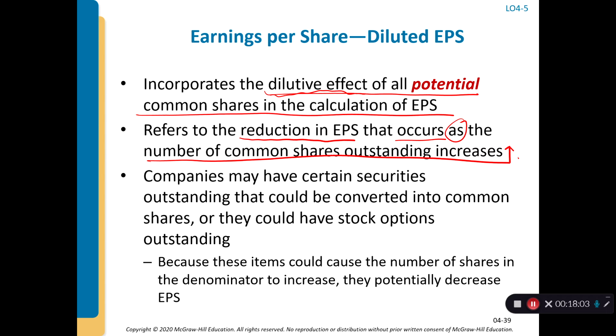The potential reason those numbers would increase is that the company may have a certain security outstanding that could be converted into common shares, or it could have stock options outstanding. In other words, when you grant people stock options, those shares are not outstanding right now, but once the option is exercised, those shares become outstanding shares. Because these items could cause the number of shares in the denominator to increase significantly, they will potentially decrease EPS. That's why it's called diluted EPS.